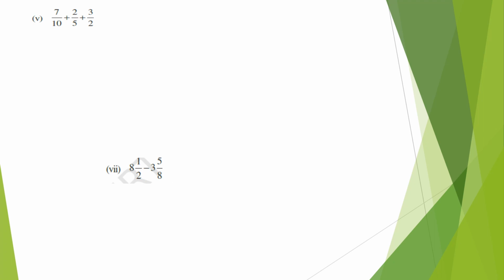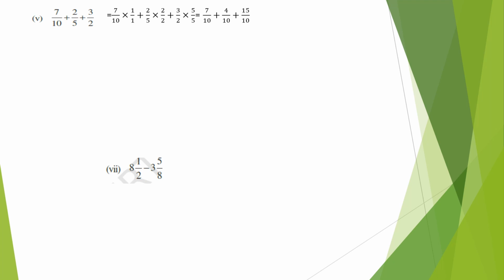Now we can convert each fraction to the denominator which is equal to the LCM. So we can see the first fraction is 7 upon 10. The denominator itself is equal to the LCM, so we can multiply the first fraction by 1 upon 1. Plus 2 by 5. Here the denominator is 5, so to convert it into the LCM, we can multiply both the numerator and denominator by 2 by 2.